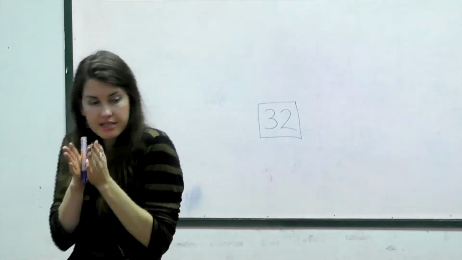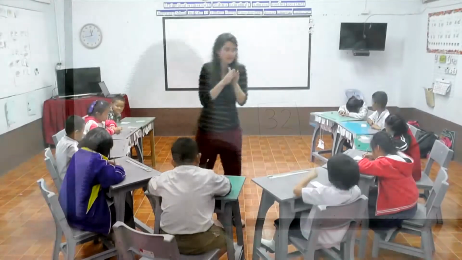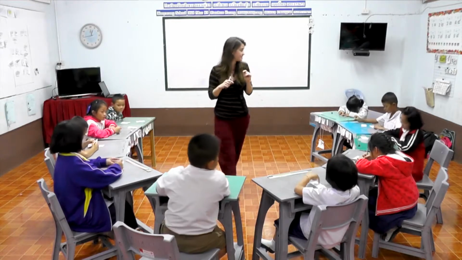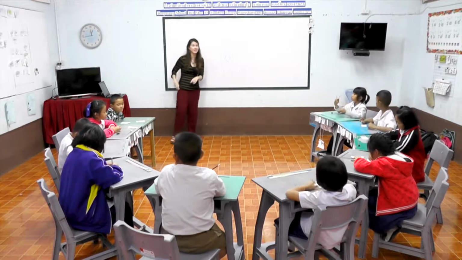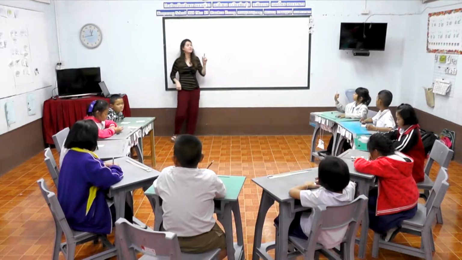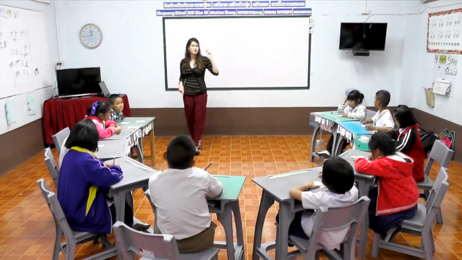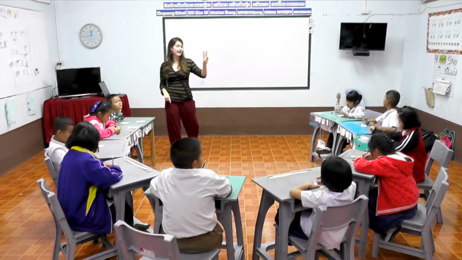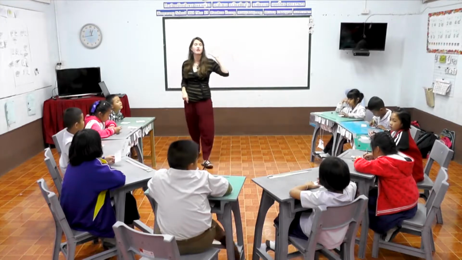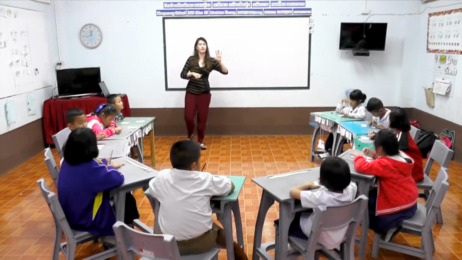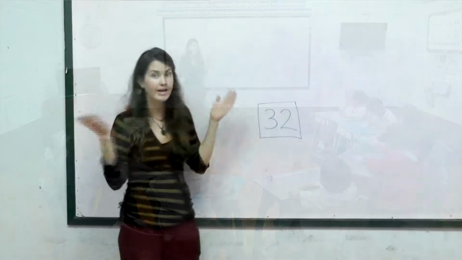You've got it on your paper, so you can take a look there. Let's count together. Here we go. 6, 12, 18, 24, 30, and what? Stop! Why do we stop?